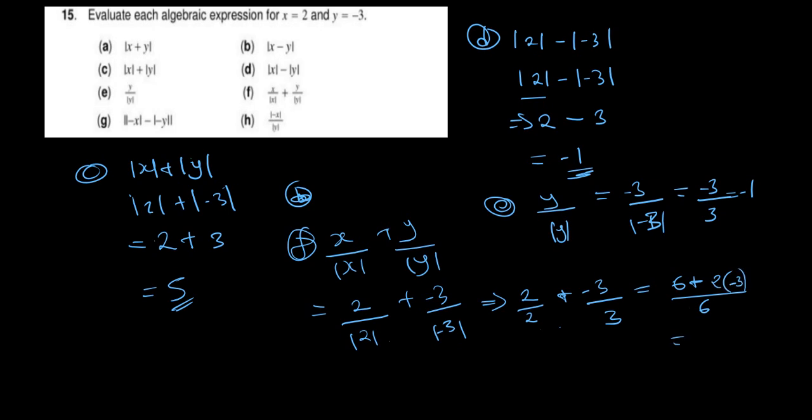Okay, that will give us 6 minus 6, like that, over 6. So this will be 0 over 6. Okay, this will be undefined. So 0 divided by 6, we can say 0, but it's undefined.